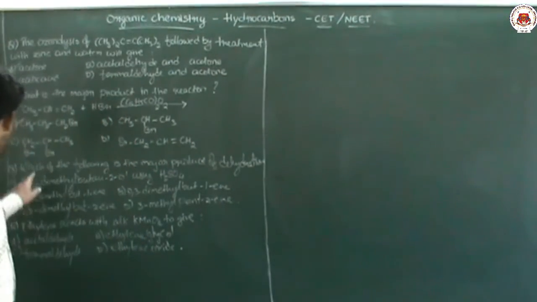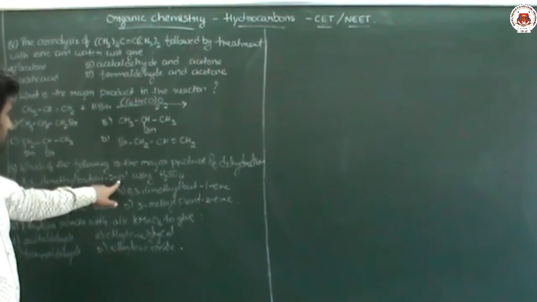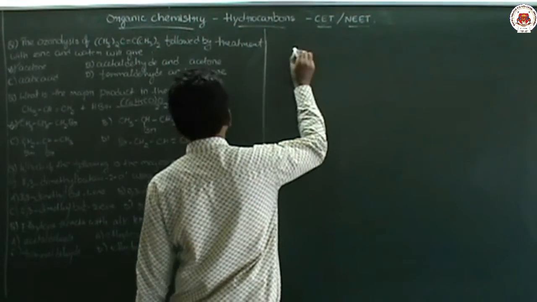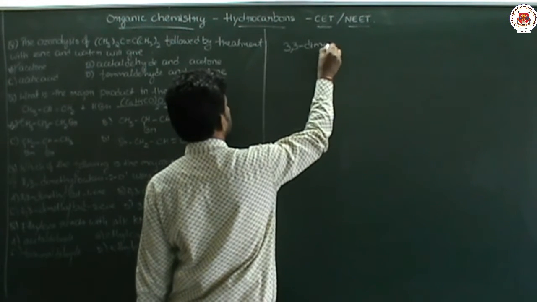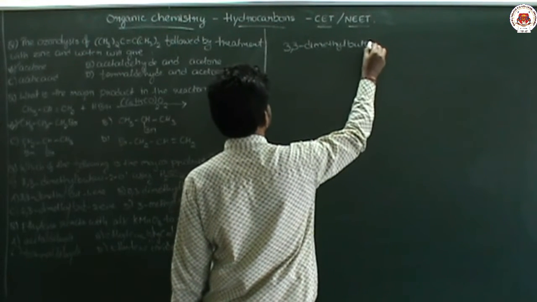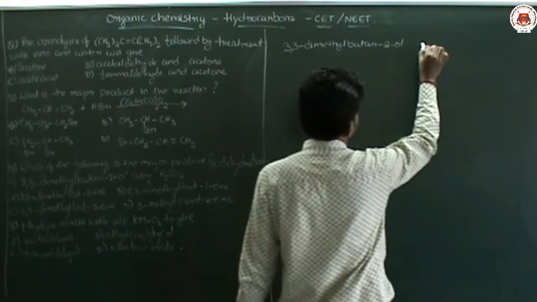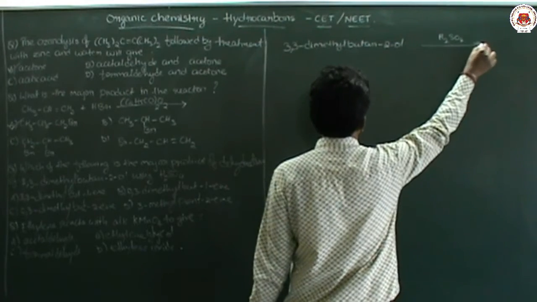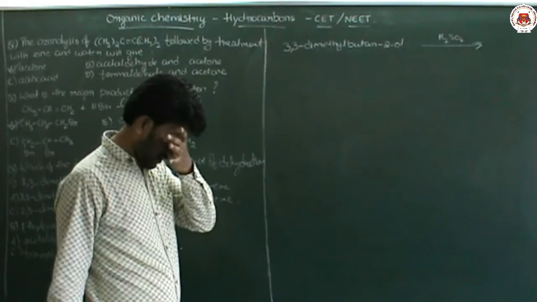Next question is, which of the following is a major product in dehydration of 3,3-dimethylbutan-2-ol using H2SO4? Dehydration reaction with H2SO4. What is dehydration? Removal of water.